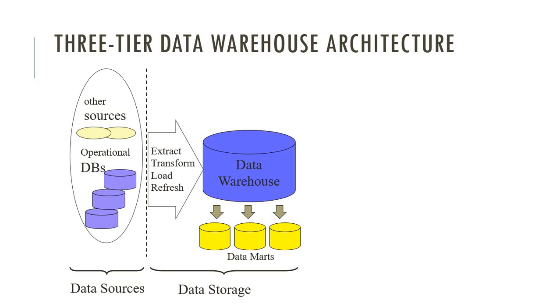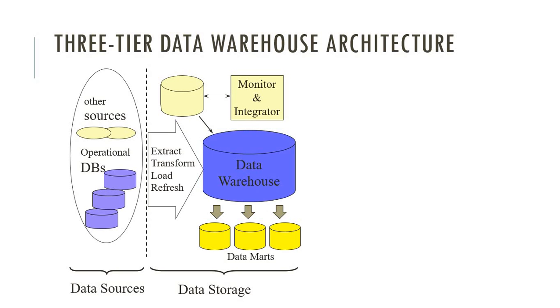We already know what a data mart is. A data mart is a subject-specific subset of the data warehouse. Now we have multi-subject data in our data warehouse, and based on that we are creating data marts, like one data mart for HR, one data mart for sales data, one data mart for finance data, one data mart for marketing data, etc.